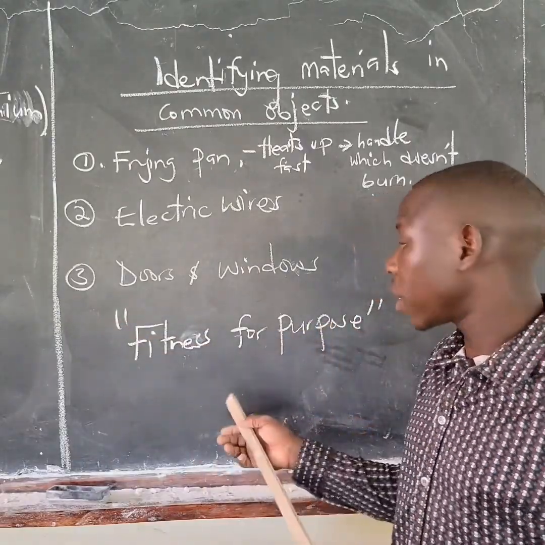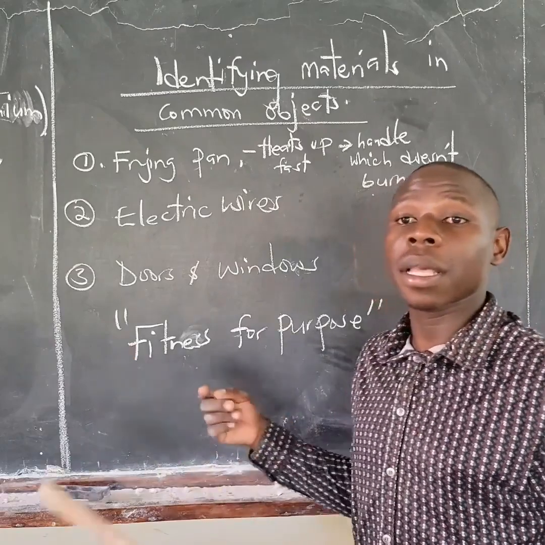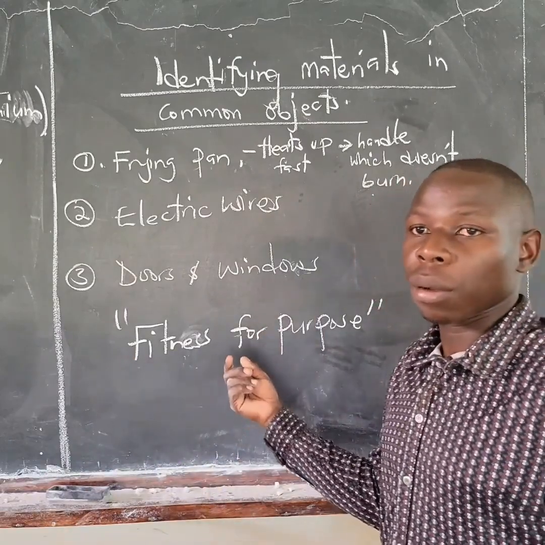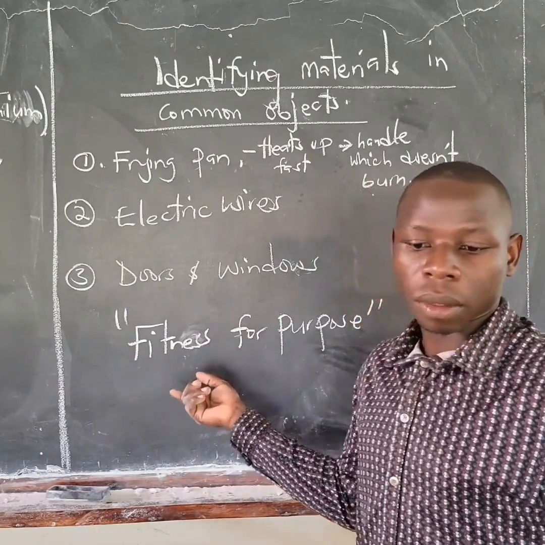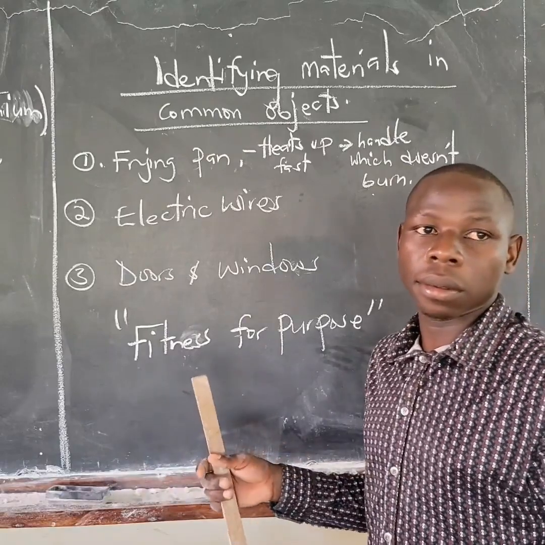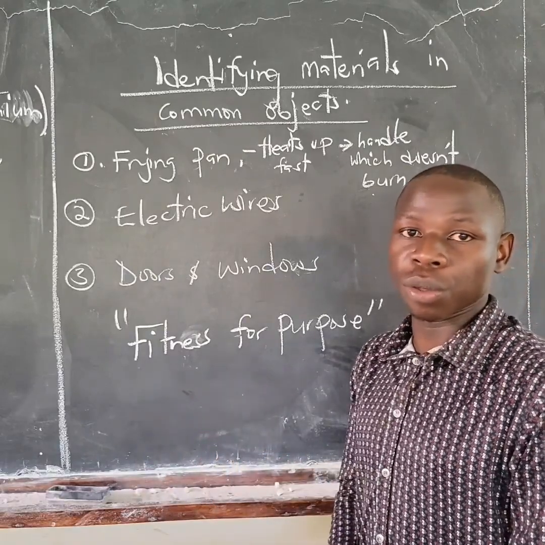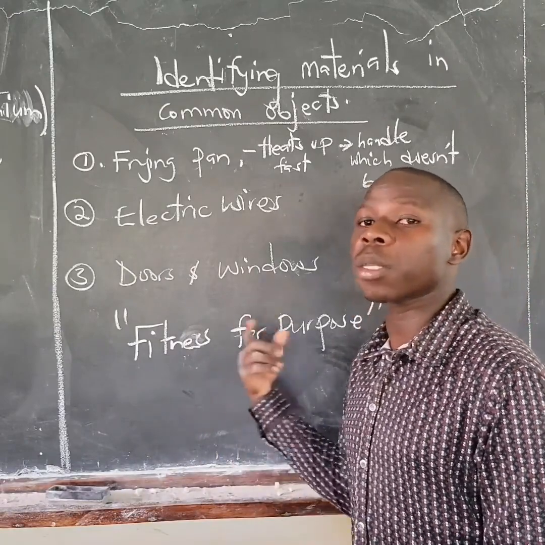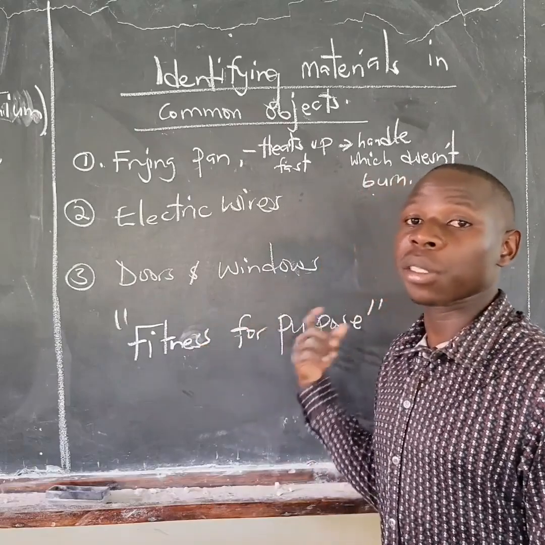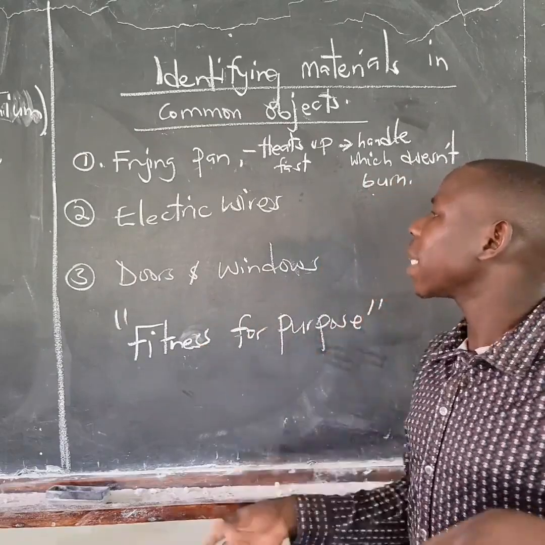We choose a material because of its best property. We choose a material because of its properties for the task we are going to do. Look at electric wires.